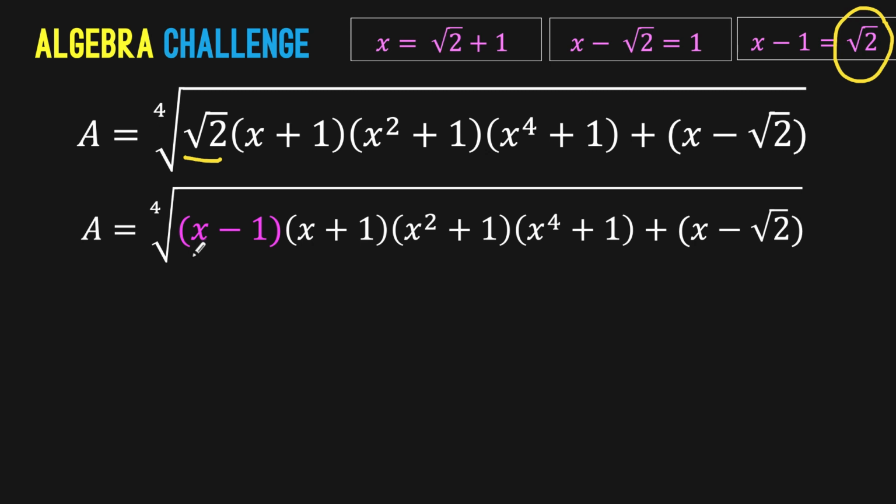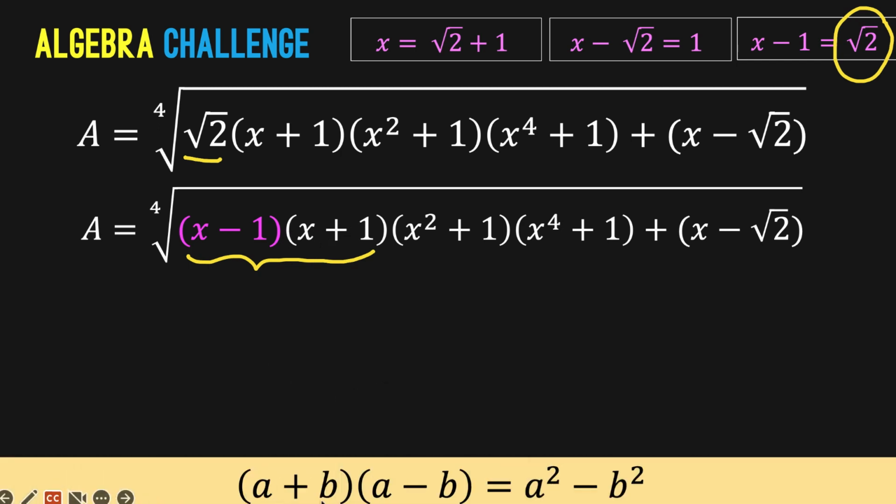Next, notice that we have here a special product. The product of the difference and sum of two numbers, and we have a special formula for that. We have the quantity a plus b times the quantity a minus b equals the difference of the squares of the two numbers. Therefore, here our a is x and our b is 1.